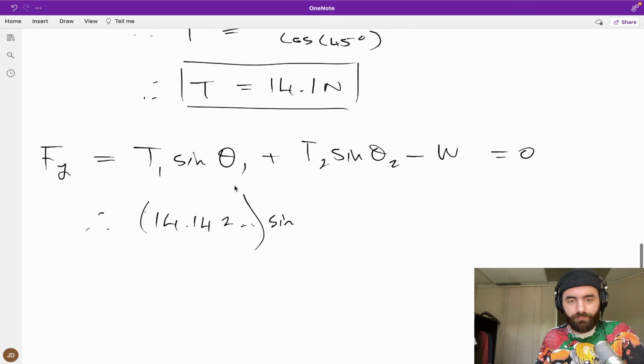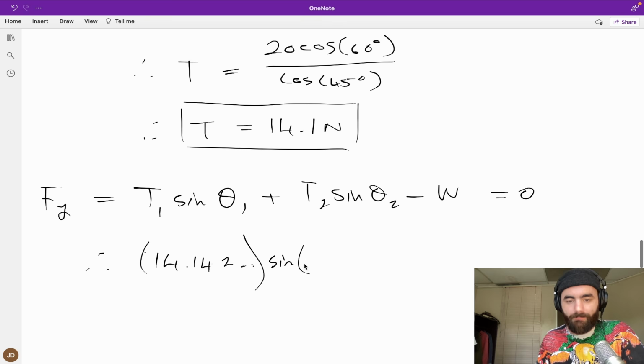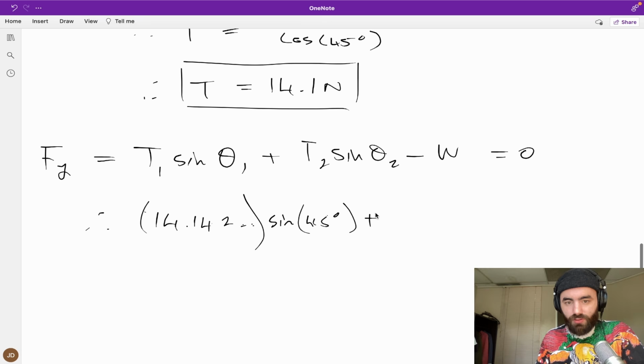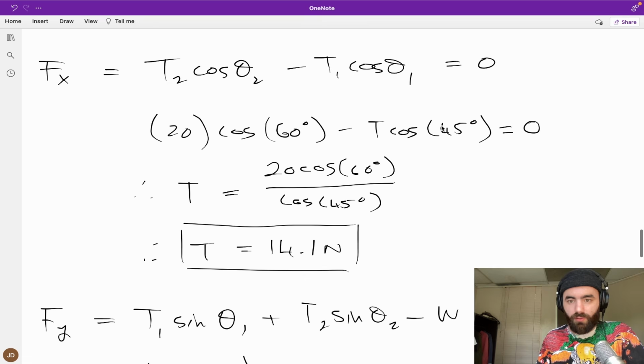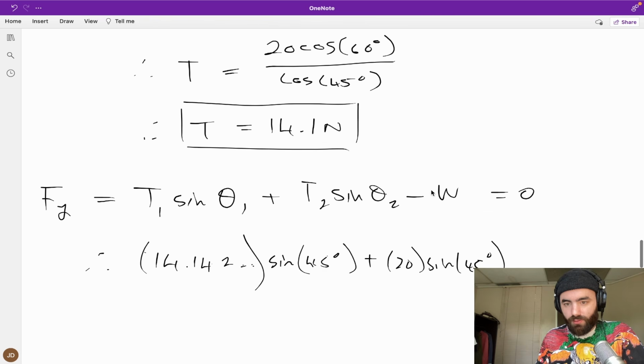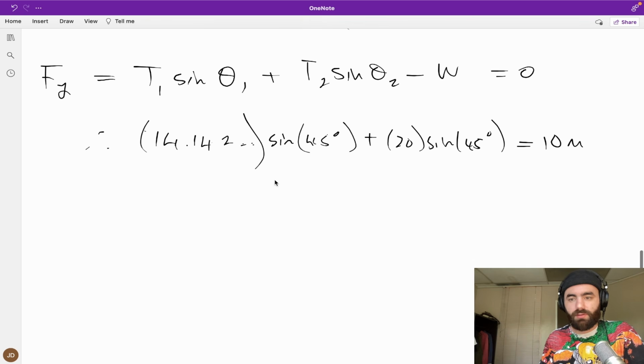Theta 1 is 45 degrees, so this is 14.1 rounded to 1 dp, times sine of 45 degrees, plus T2, which is 20, times sine of 60 degrees. This equals 10 times M, which we're trying to find. So the mass will be all of this divided by 10.